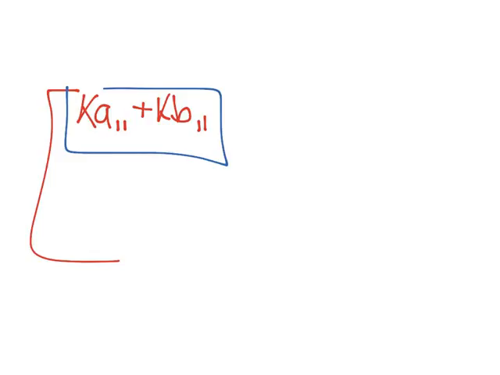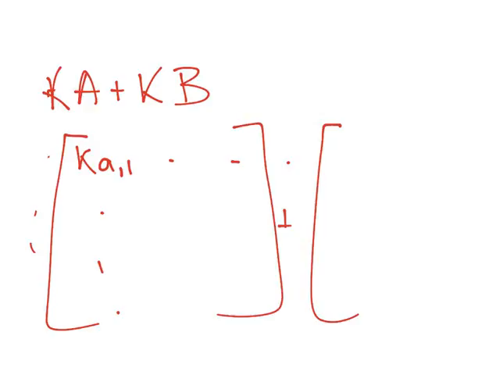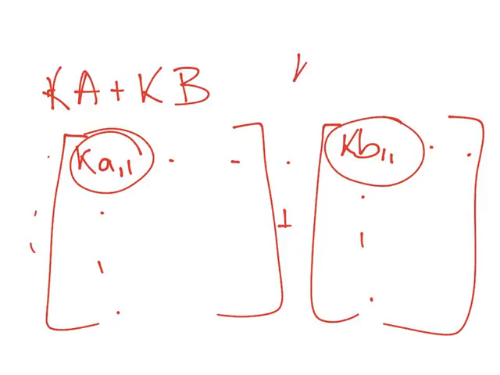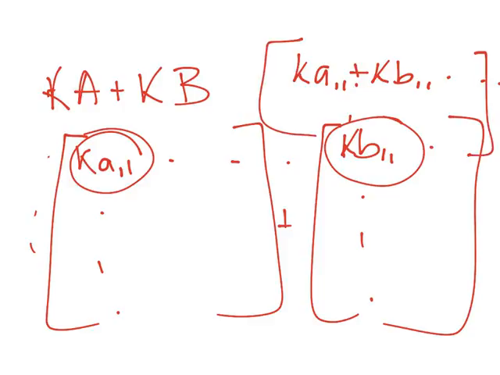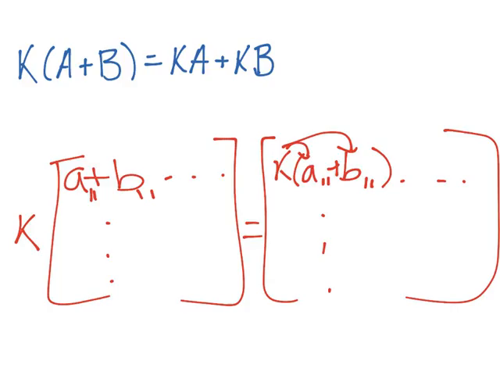Remember that this is only one entry. And if we were to add them after multiplying each one of them by k, so k times A plus k times B, you will see that you get kA11 plus kB11. And to add them, remember that you just combine them, so kA11 plus kB11 will be our first entry for the resulting matrix, and that is the same thing as we got before. So we know that this property holds and that it's right.